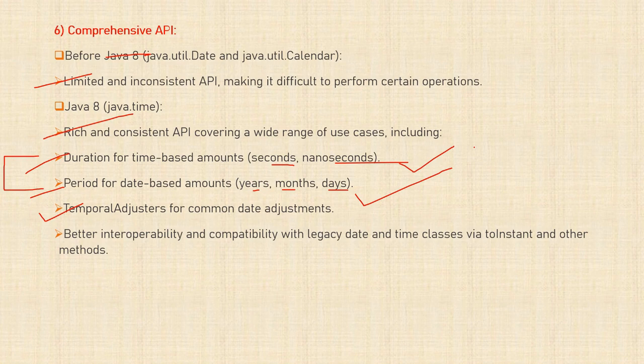So let's imagine it's 10 a.m. right now, and you are calculating from 8 a.m. What will be the difference? The difference between 8 a.m. and 10 a.m. will be 2 hours. If you want to calculate it in seconds, firstly 2 hours will be converted into 120 minutes, and 120 minutes will be converted into seconds.